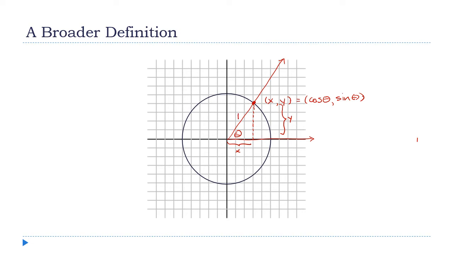Now, remember that the hypotenuse is a radius of the circle, so its length is going to be 1. All right, so now you can see, right, that the sine of theta is the opposite side, that's y, divided by 1, which is just y, and the cosine of theta is the adjacent side, that's x, divided by 1, which is just x.